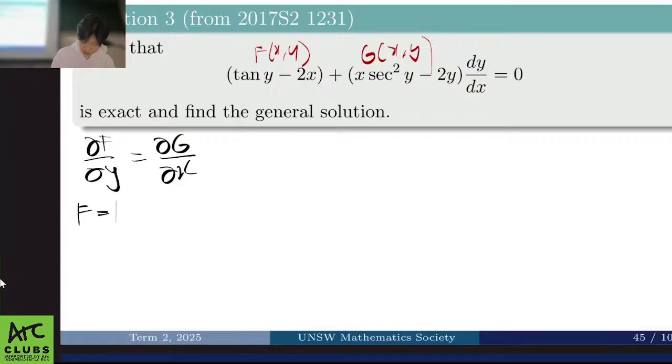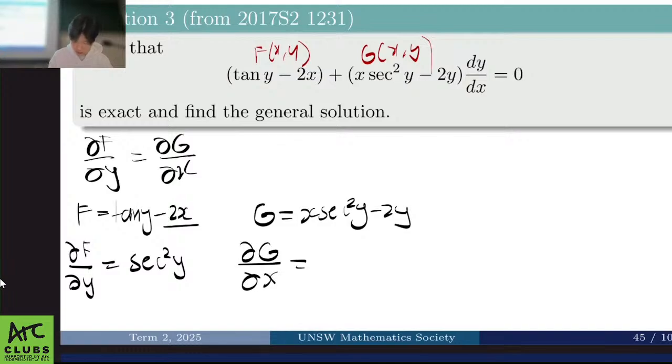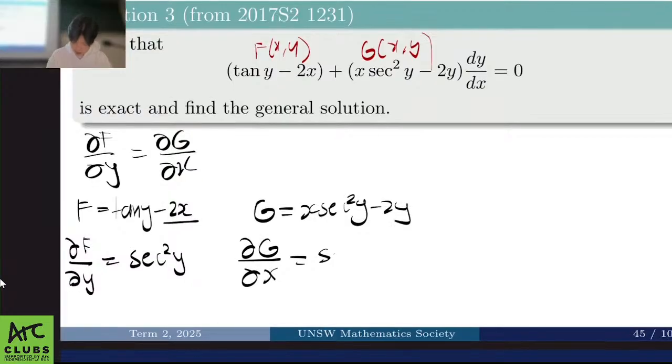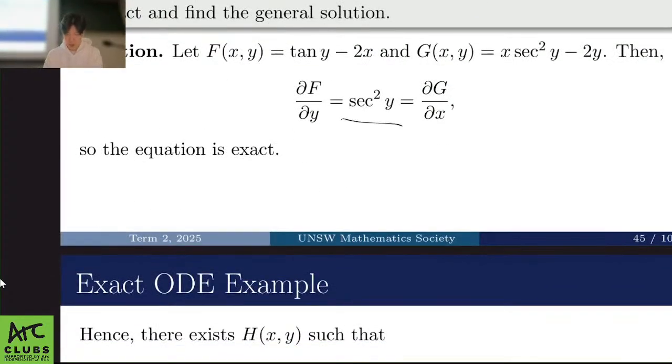So since f is tan y minus 2x, partialing this with respect to y, 2x is a constant, so it's just going to be sec squared y, and since g is x sec squared y minus 2y, since y is a constant, it's just going to be sec squared y. Now since they're both sec squared y, and they're equal, we see that the equation is exact.